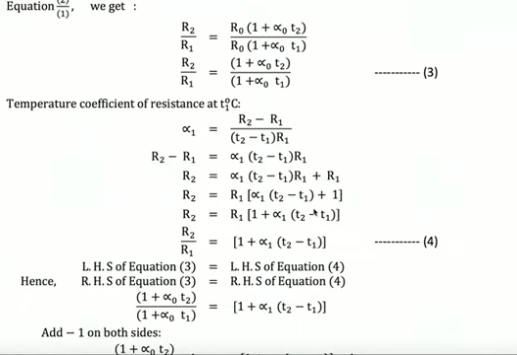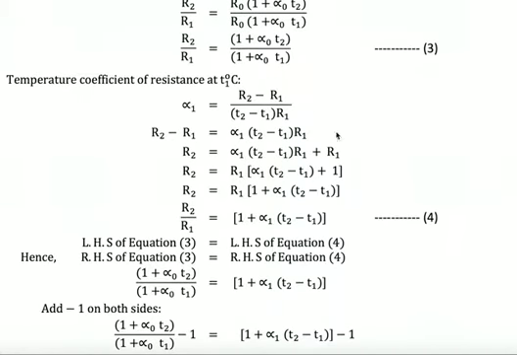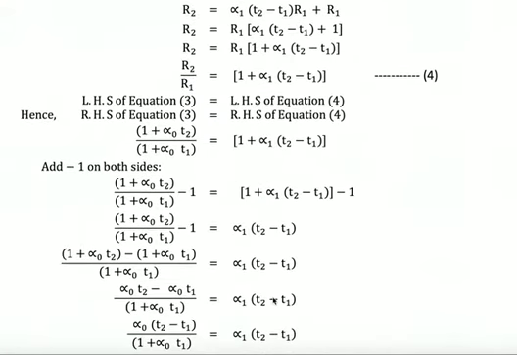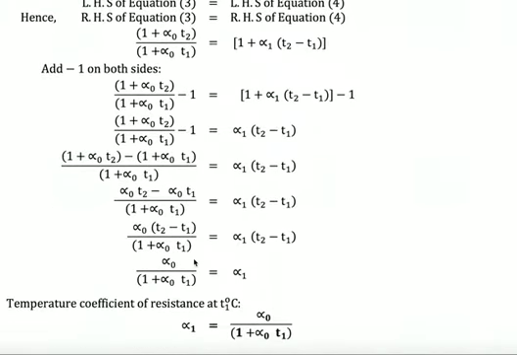So these ratios are equal. If you carefully observe, 3 and 4 are equal. So let's equate the right hand side part of 3 and 4. This is what you will get, right. So if you subtract 1 from both the equations, from the entire equation, you are left with this.